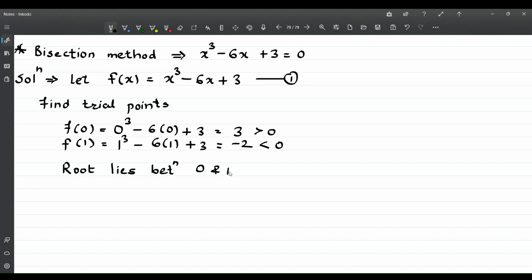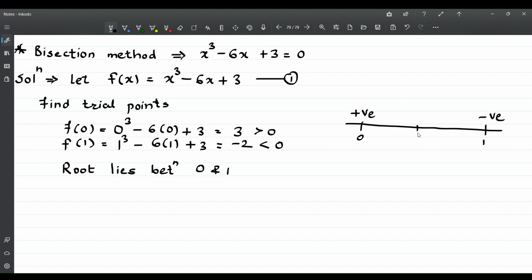Now we have to update this line. 0 and 1 are our two trial points. f of 0 is equal to 3, but we take sign only, that is positive. f of 1, the answer is minus 2, but we take sign only, that is negative.